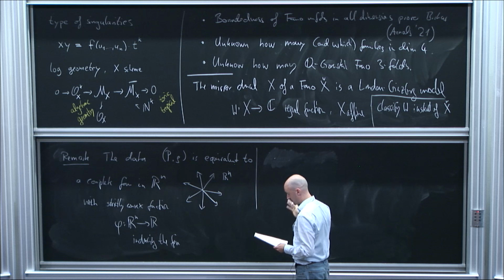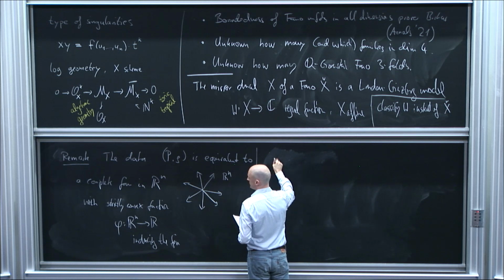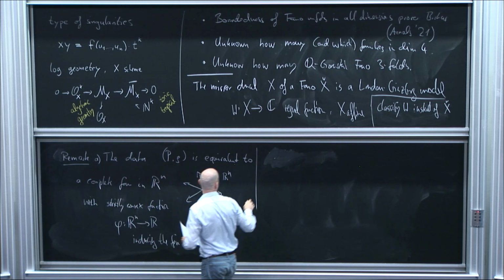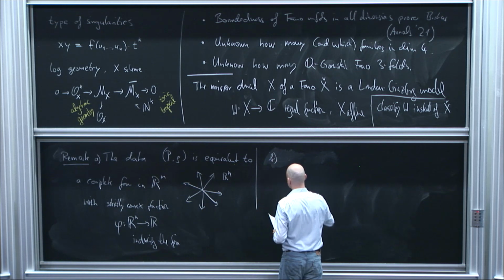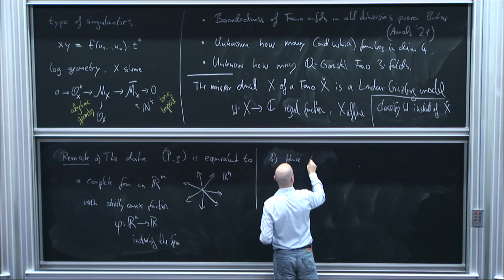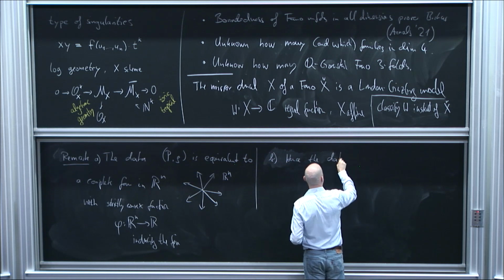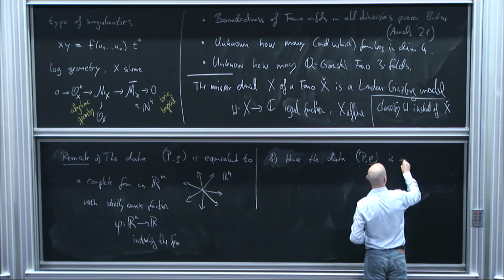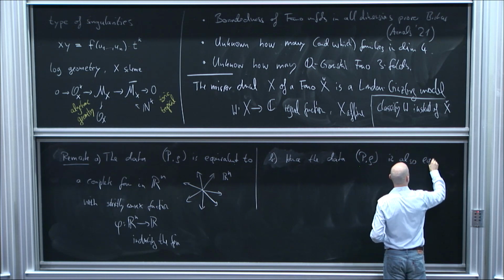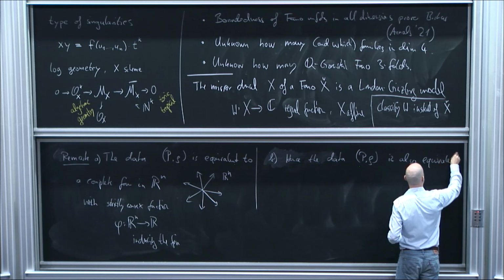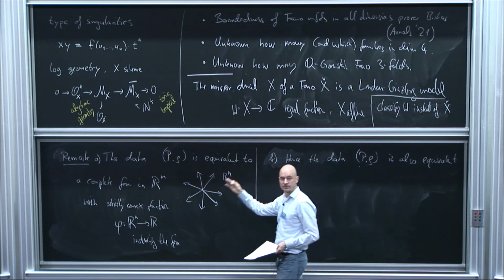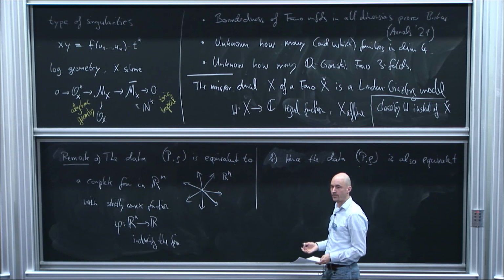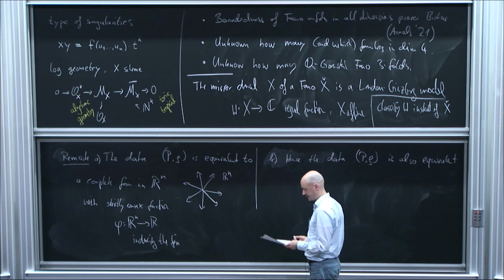Once you have that description, let me add one extra step. This is maybe remark part A. Remark part B is hence the data P rho is also equivalent. So if you know a bit of toric geometry, then you know that a fan with a strictly convex function is the same as a projective toric variety together with a choice of ample class.